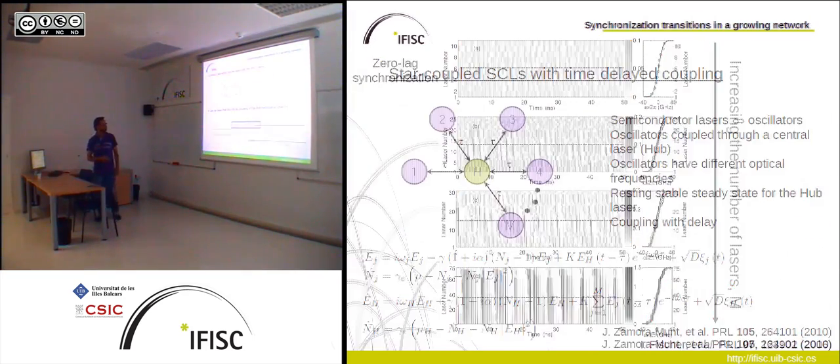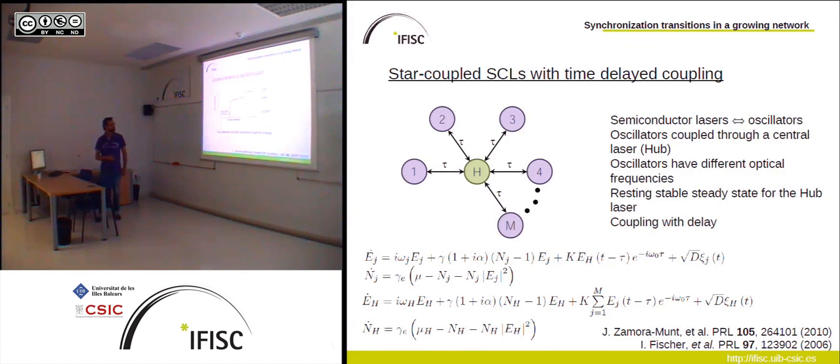Because the noise is put in the field, but if it comes from the spontaneous emission, shouldn't it be more natural to put it in the carrier equation? Well, you have noise in both, but the noise that comes from the carriers is of much lower strength and usually doesn't play a relevant role in the dynamics of the system.